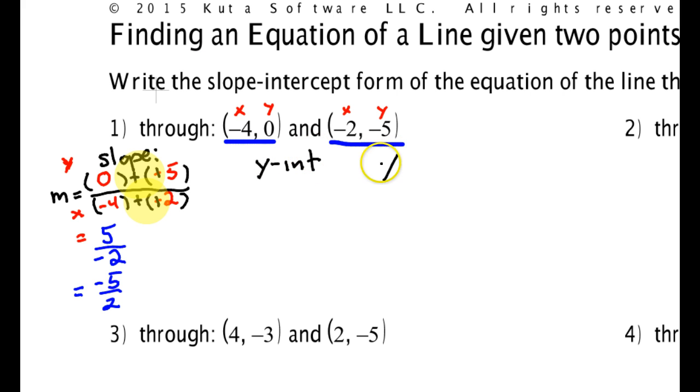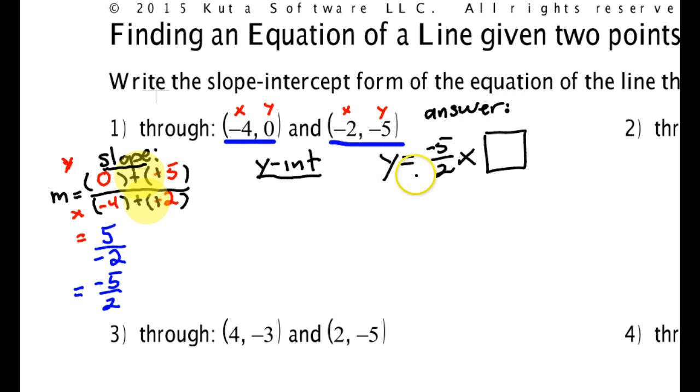But I do know right now my answer is going to be y equals -5 over 2x plus something. I just don't know what the y-intercept is. And I'm going to set up this 3-column system. Find the slope, find the y-intercept, and this will be your answer over here. Okay, just y equals mx plus b. As soon as you find your answer here, that will go here. As soon as I find my answer for the y-intercept, that will go here, and then we'll be finished.